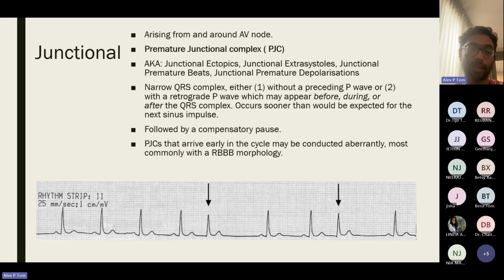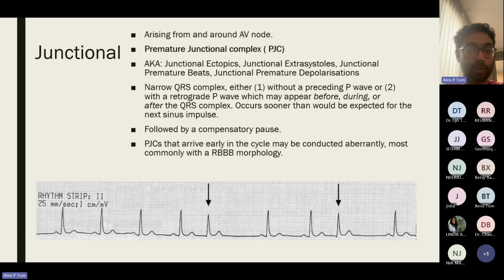It's originating in the atrioventricular junction and conducting through the normal conduction tissue, giving a normal QRS complex, and then there is a compensatory pause, and then the normal QRS complex is followed by the P wave. So one-off beats like that, without any P wave or atrial electrical event, would be a junctional ectopic.